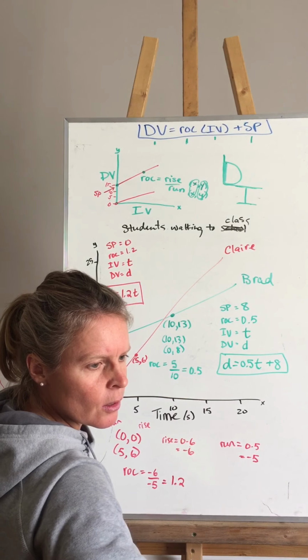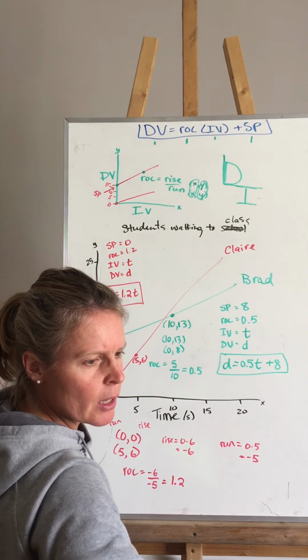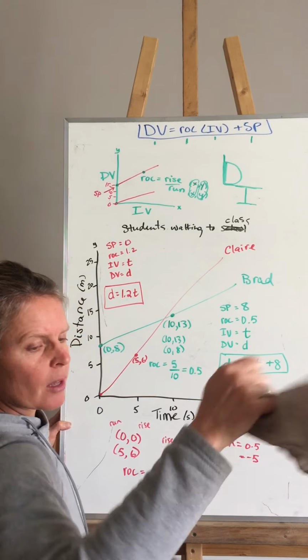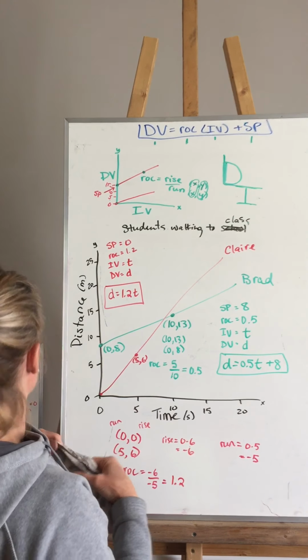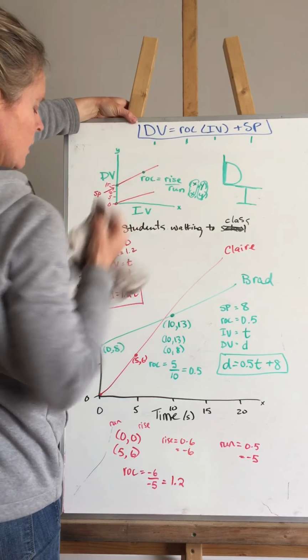Okay, so I'm going to do one last example for you. It's from your homework, the new stuff that's coming out for today, so this will help you get started on today's homework.